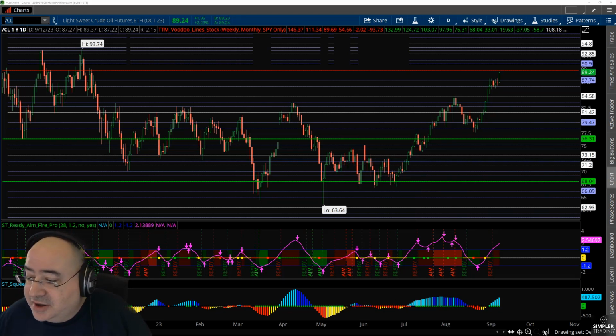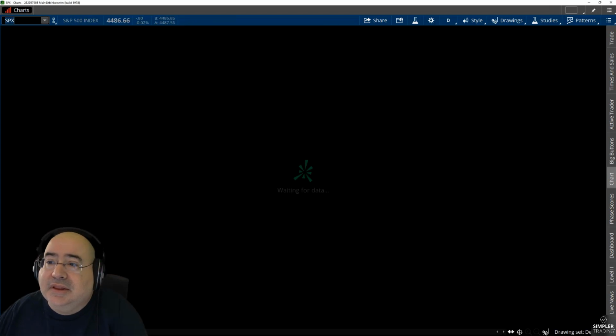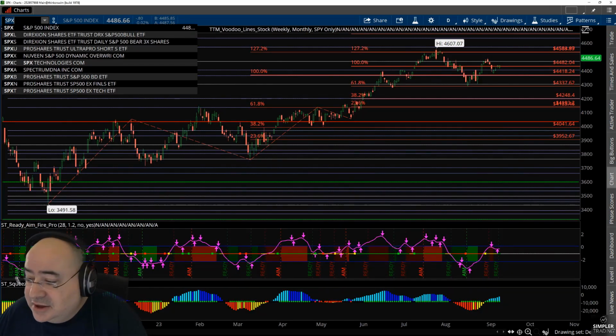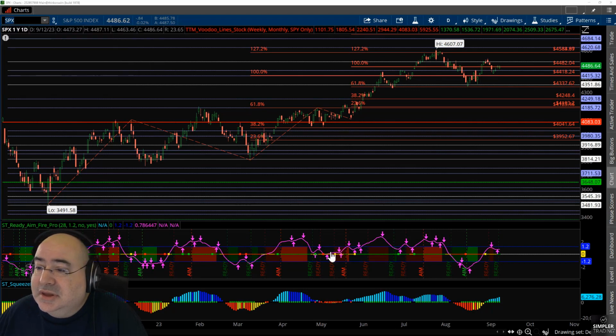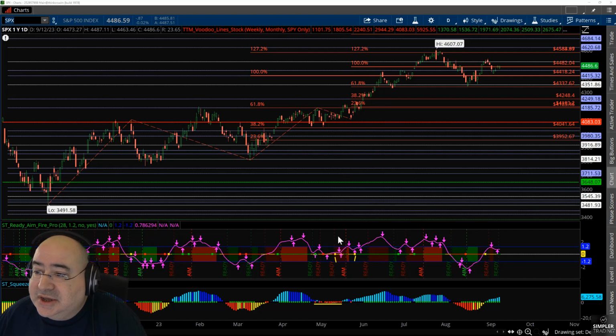Another example from the S&P: you can see where it was squeezing here late April and through a portion of May. Then we got these squares showing up on the center line, and those were warnings that we're getting ready to get directional again.